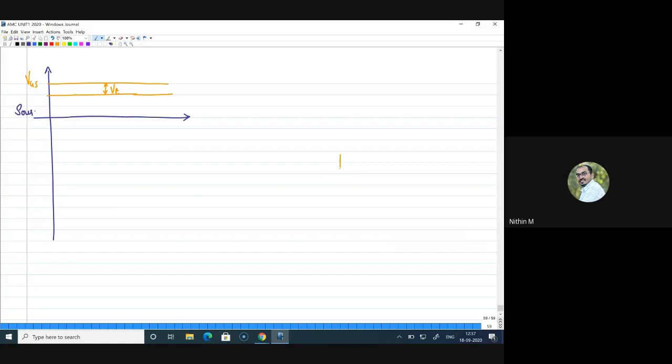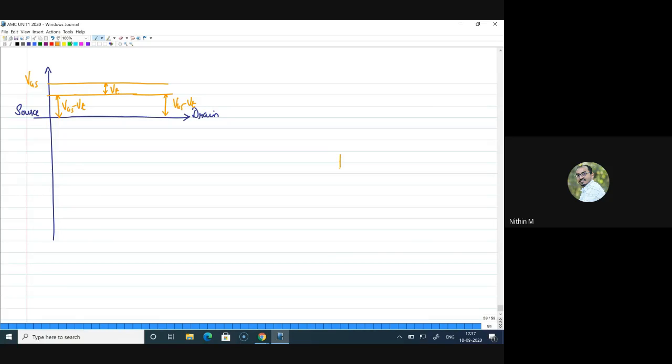What I'm trying to draw and show you is the voltage which is available to the channel and the shape of the channel. So this I am calling the source end, and this is the drain end. Now I have applied a VGS which is greater than VT. So the voltage available to the channel is this much. At the source end I have VGS minus VT. At the drain end also I have VGS minus VT. This is the voltage available.